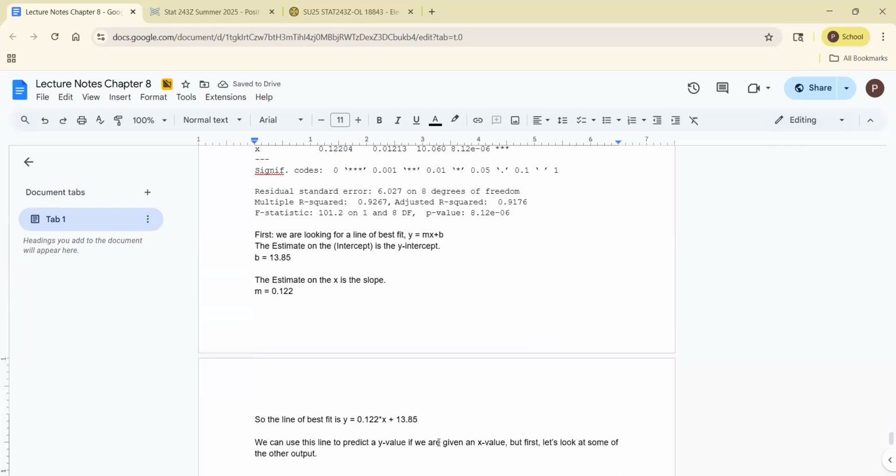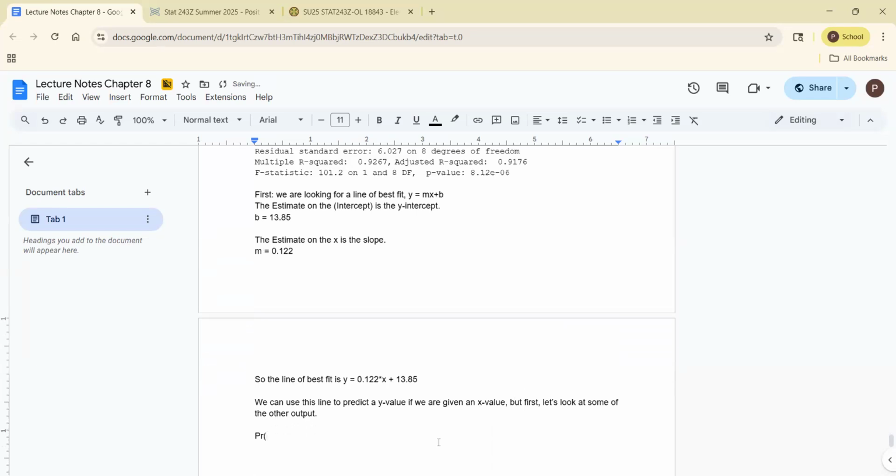The probability that what you observe is greater than the absolute value of t for the x variable is the p-value on the slope of the line of best fit.